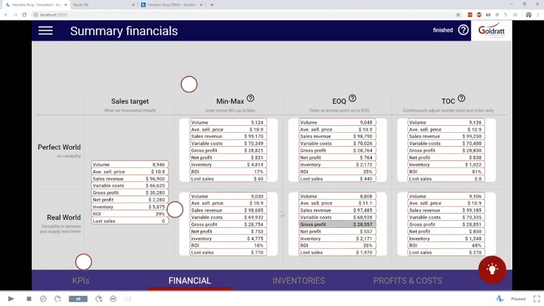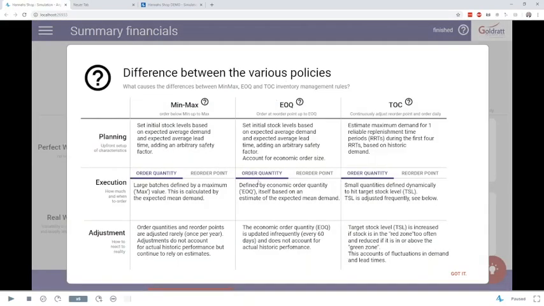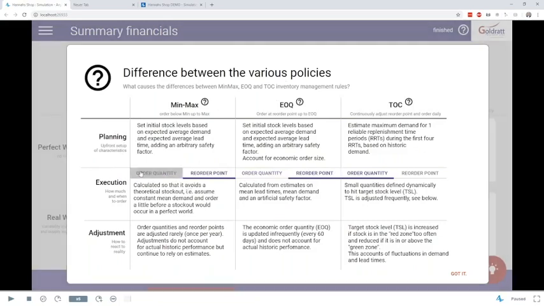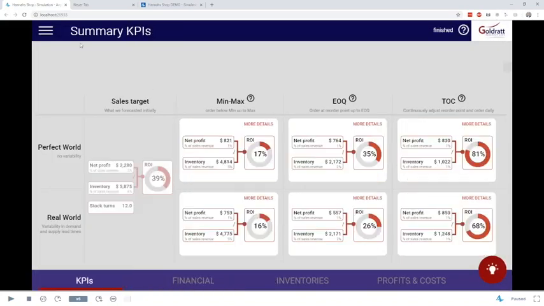The question of what's the difference between the sales target in the perfect world? What were the differences between these three policies again? And we try to be quite clear and intuitive in trying to explain different things. How is the planning actually working? How is it actually executed? And how are the rules adjusting themselves over time? What are the parameters that we've been using in the model?